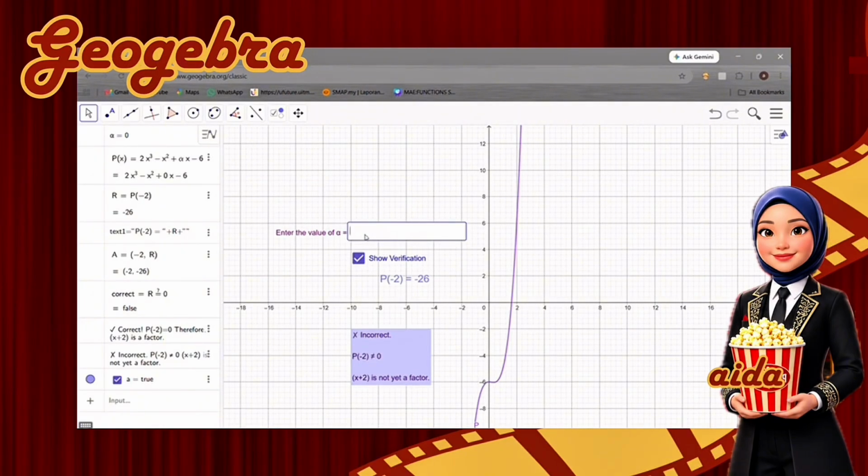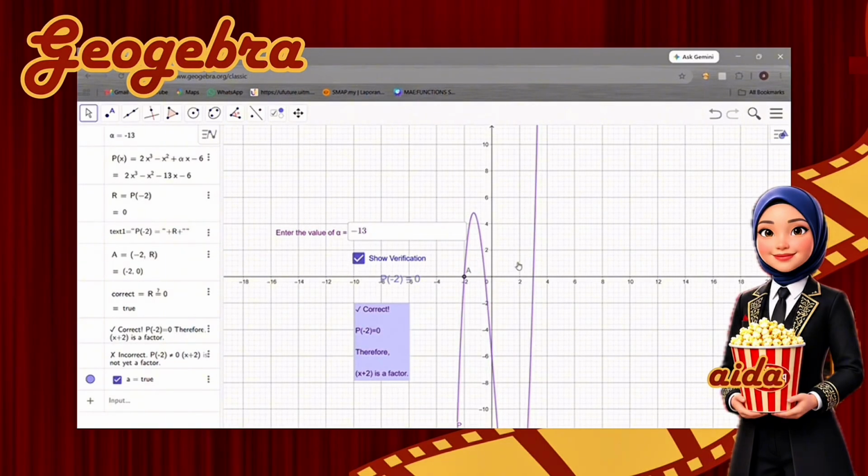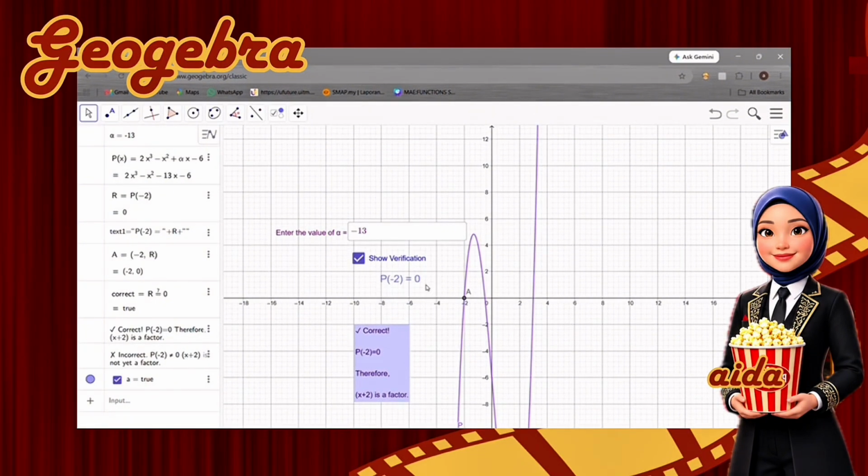For example, we try alpha is negative 13. So we click enter, and yeah, our answer is correct, and the graph is shown, and P(-2) equals 0. So our answer is correct, and therefore x plus 2 is a factor.